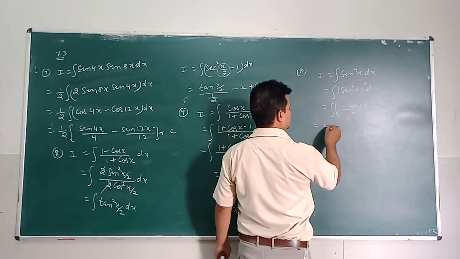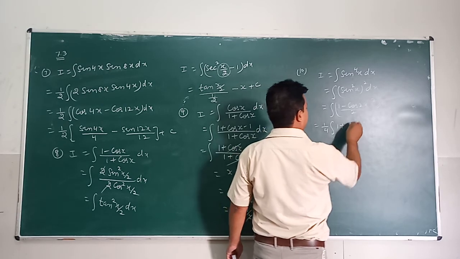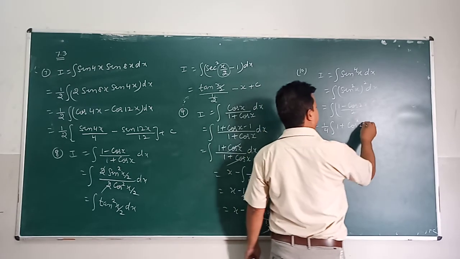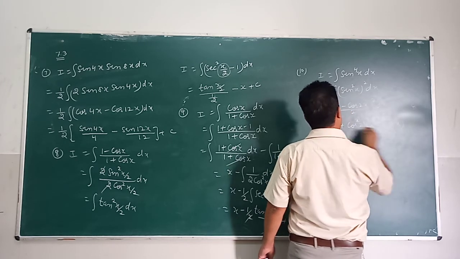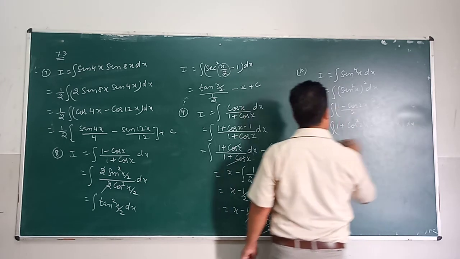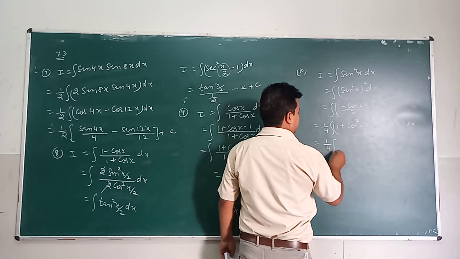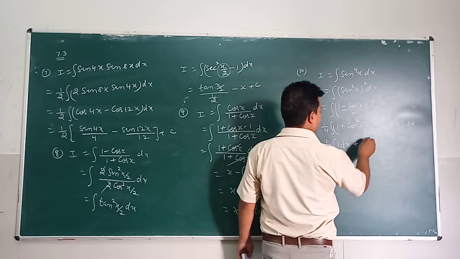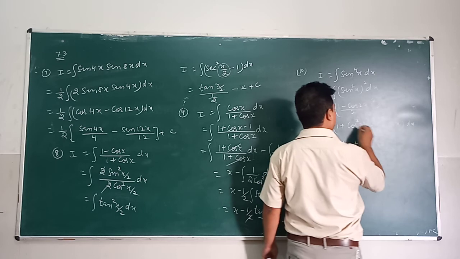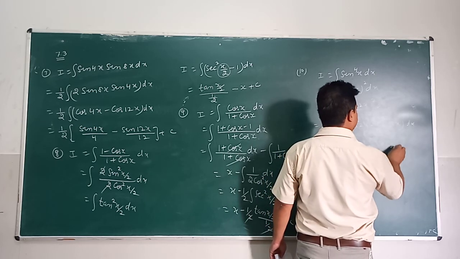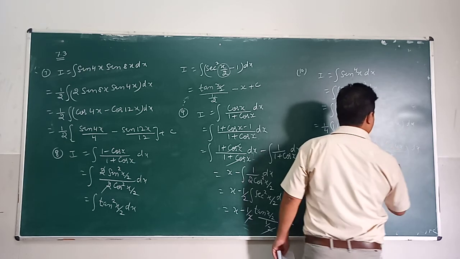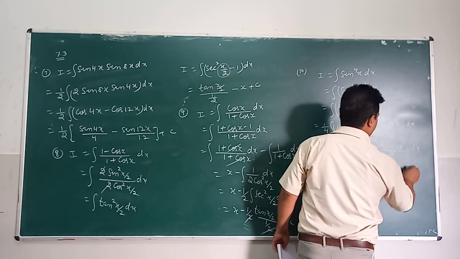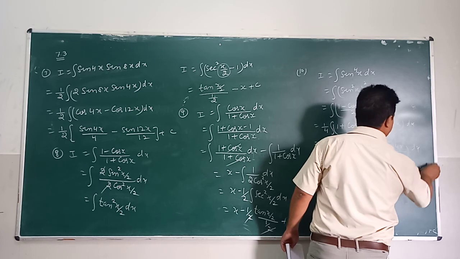When we square this, it's 1/4, and open the identity (a minus b) whole square, which is a square plus b square minus 2ab. When we separate these terms, this is 1/2, and use the formula again, which is 1 plus cos 4x upon 2 dx. This is 2 upon 4 cos 2x dx.